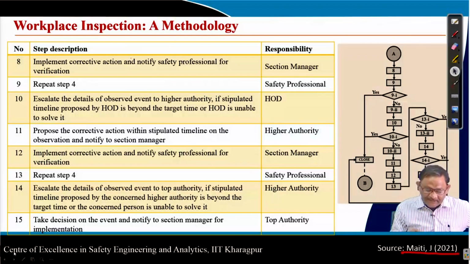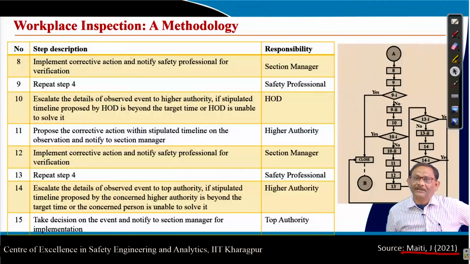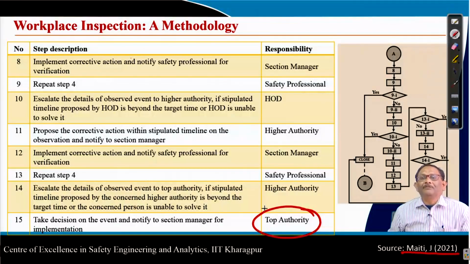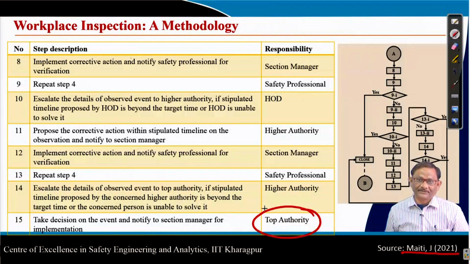So, and as safety is a big issue, you cannot compromise from the safety point of view. So it is always better if the safety organization is chaired by the top authority, because the commitment from the top is extremely important.